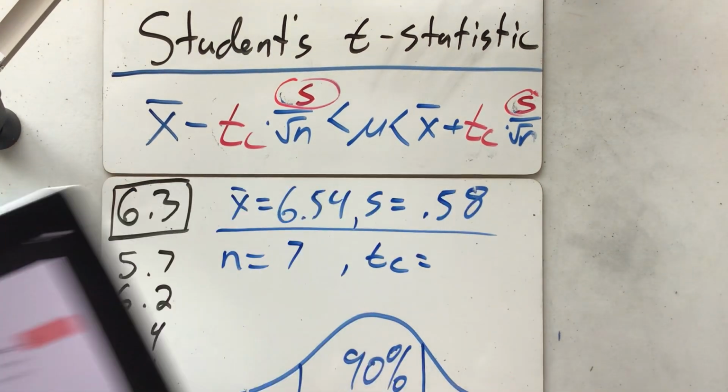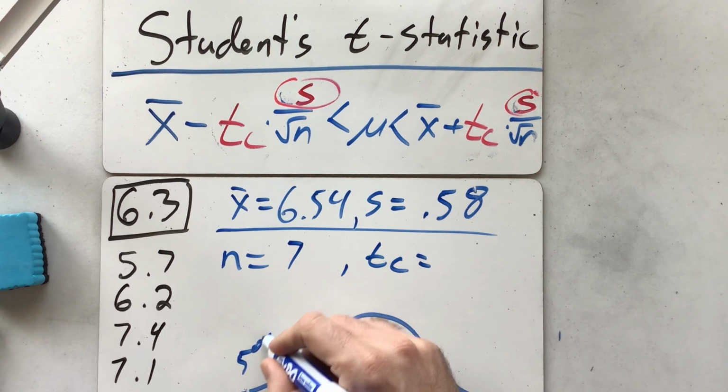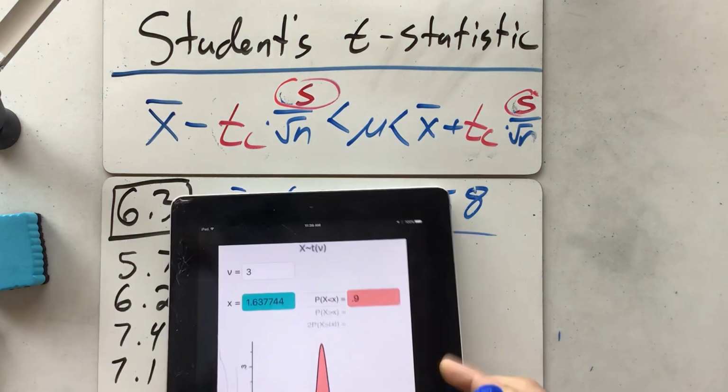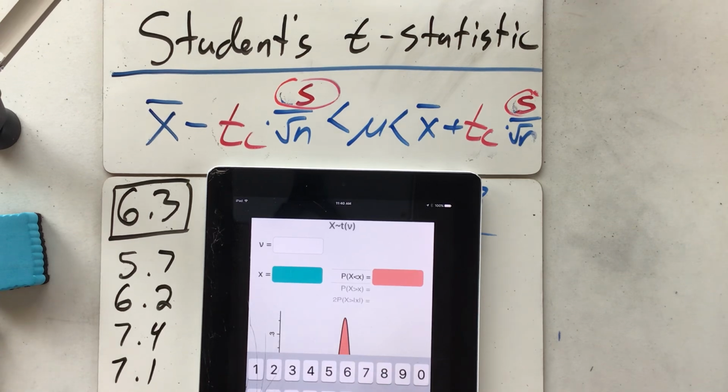So I need to figure out, what do I want that number to be? Well, this side over here is 5%. So I need to use 0.95 for my calculation. And both the calculator and Excel do the same thing. You have to use 0.95. So I'm going to get my app out. My degrees of freedom needs to be 1 less than 7. My degrees of freedom is 6.